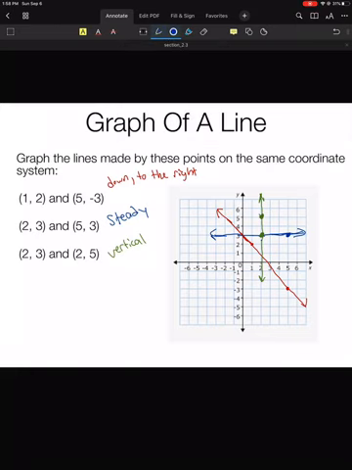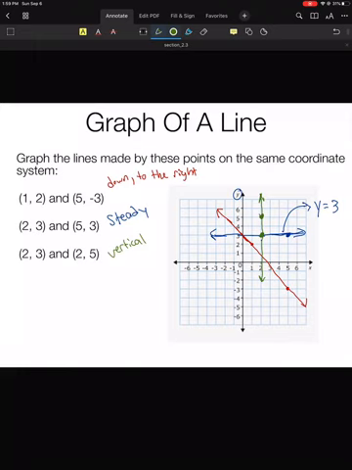It's important how we show this as an equation, and we'll get to the other ones later, but the equation for a horizontal line is y equals some number. Y equals 3. That's saying on the y-axis, the line is at 3 the whole time.